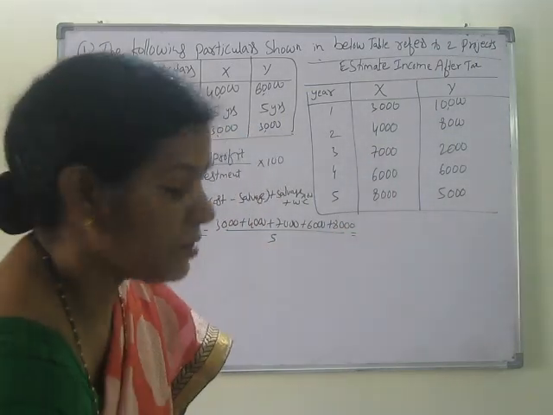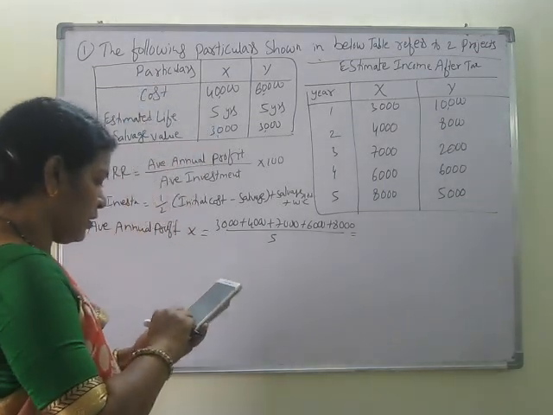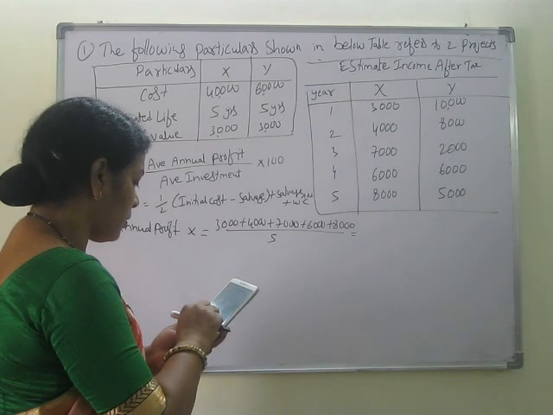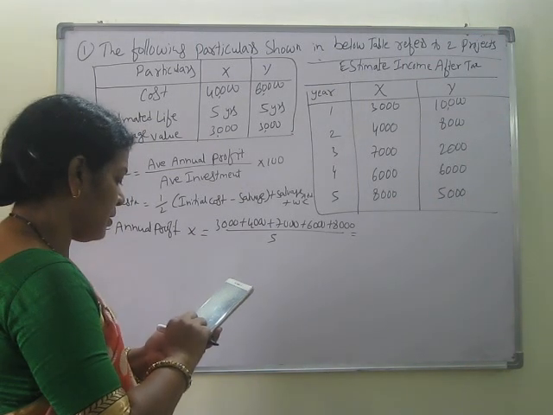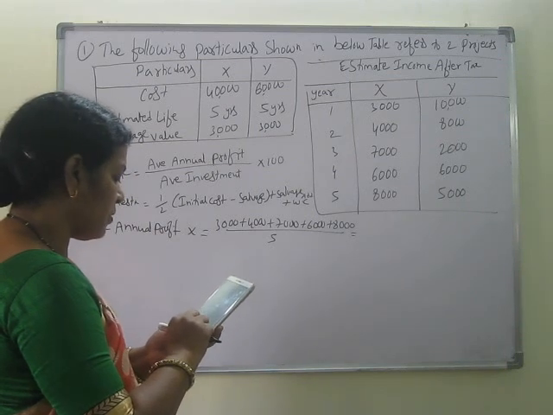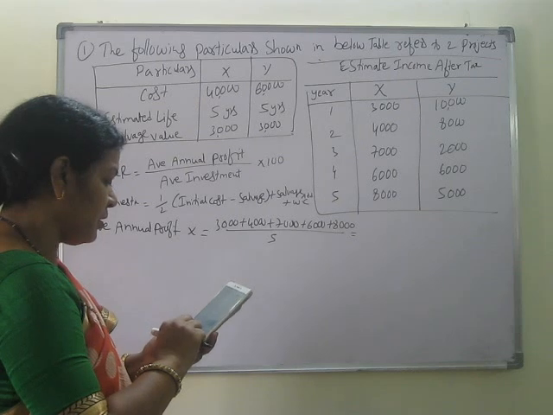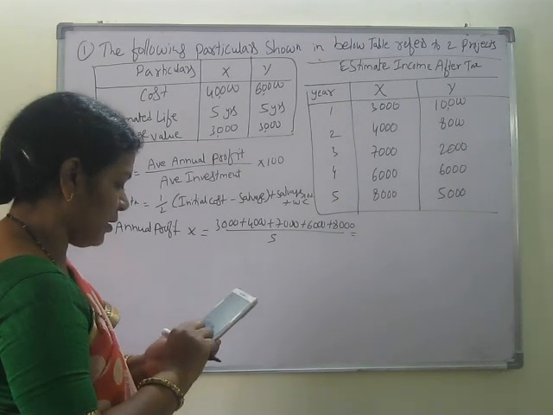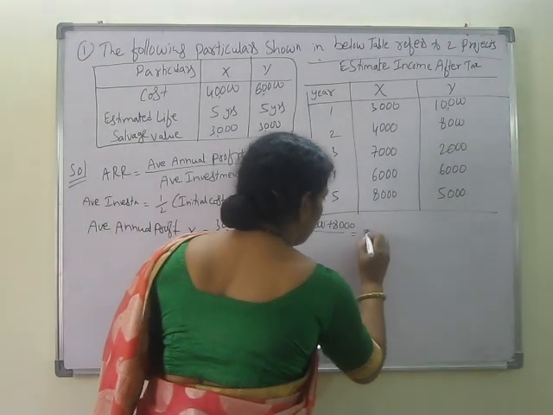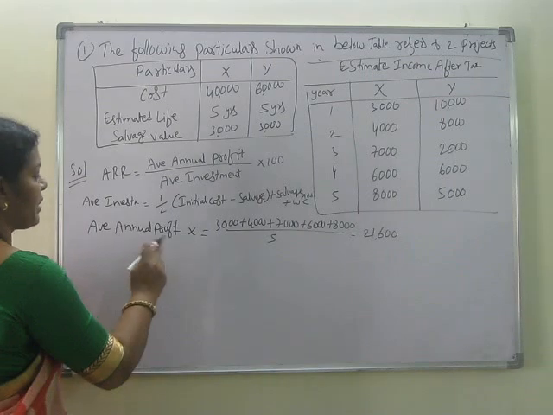We'll calculate everything: 3,000 plus 4,000 plus 7,000 plus 6,000 plus 8,000, divided by 5. So 21,600. This is for project X.